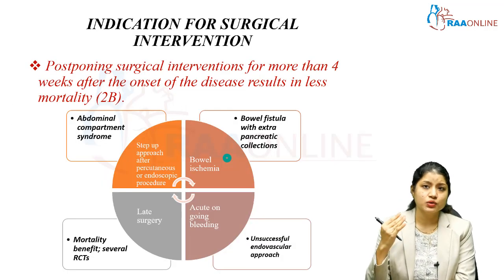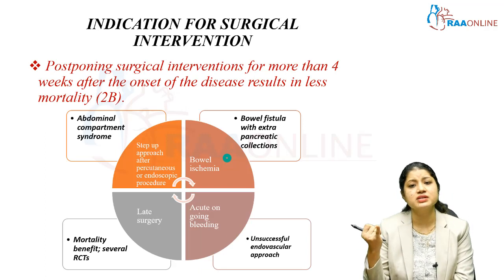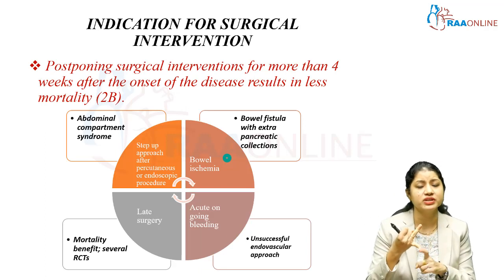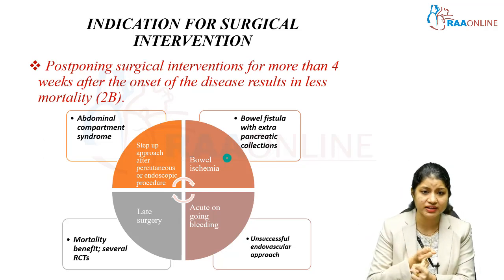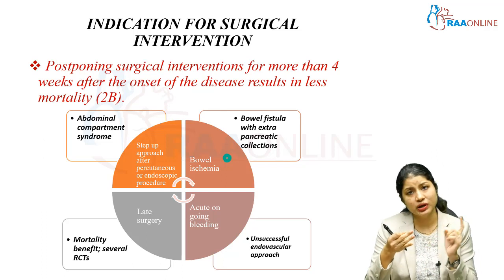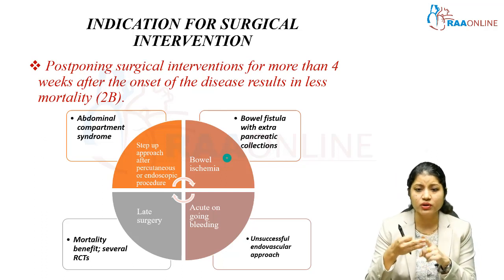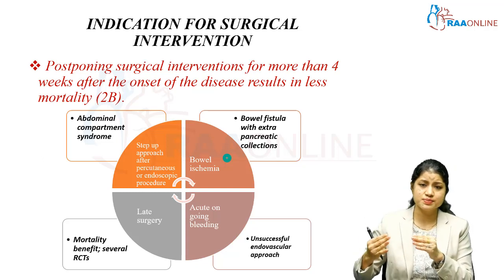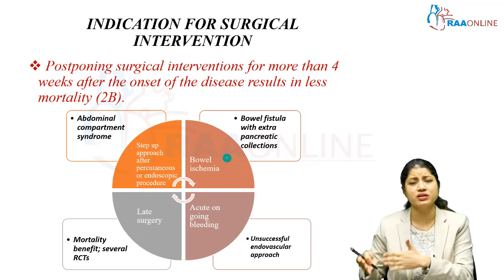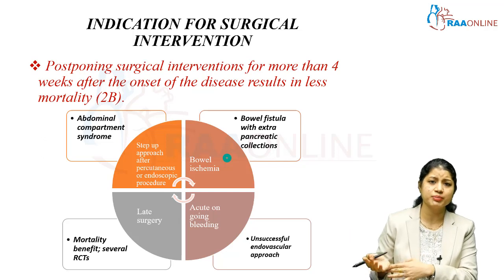Beyond this, you have crossed your 4 weeks and still the patient does not seem to be improving. The patient seems to be worsening in the form of either abdominal compartment syndrome or bowel fistula with extra pancreatic collections, and you have even tried your endoscopic or endovascular approach and were unsuccessful. The organ failure is persisting, the patient is developing shock, MODS, there is bowel ischemia.